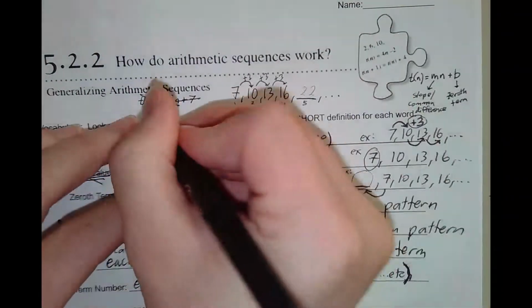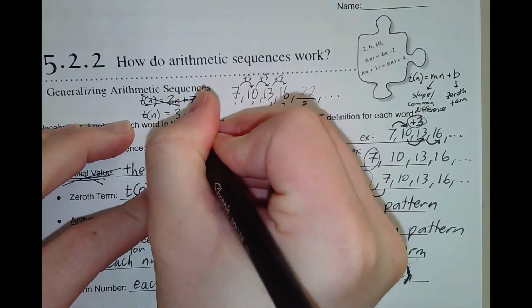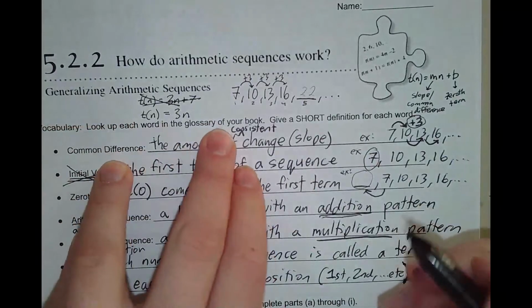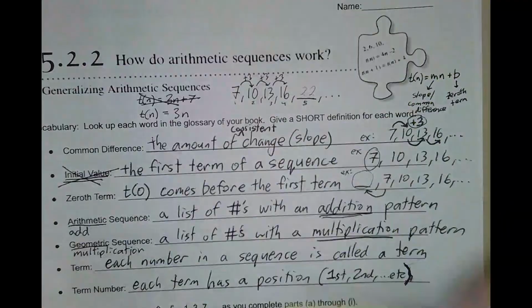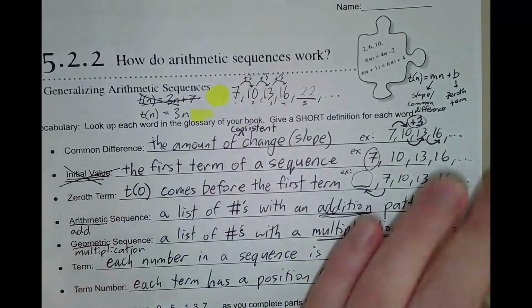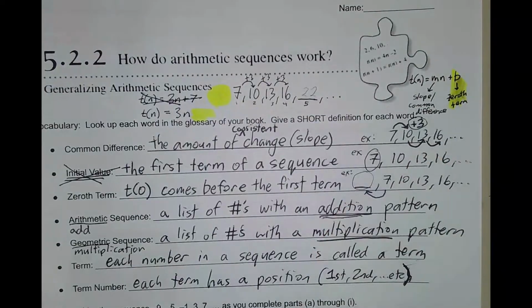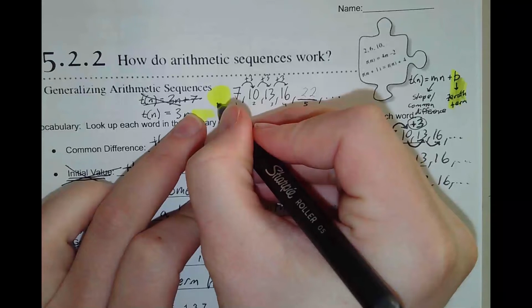Now, what is the correct equation? It's where the slope is 3 and the zeroth term, or the starting value, is the number before the initial value. It's the number before the first term. So we're talking about the zeroth term.